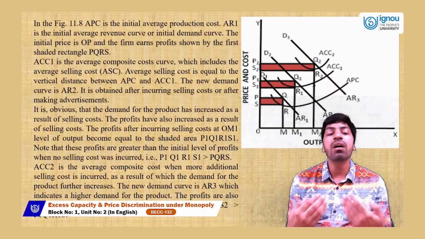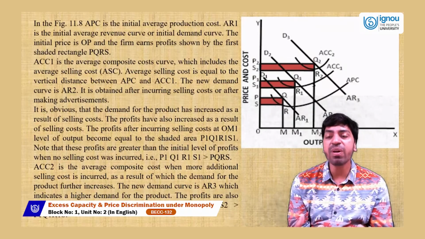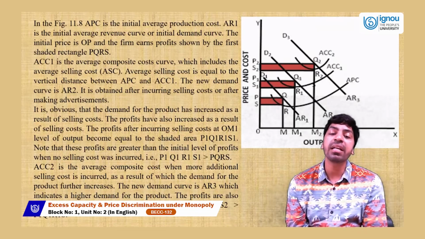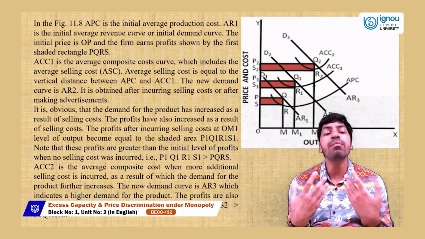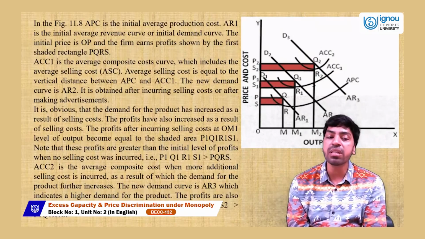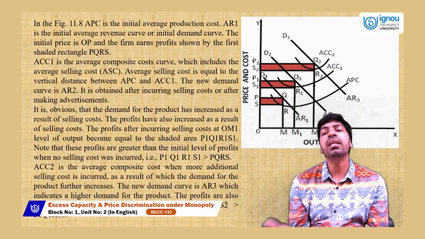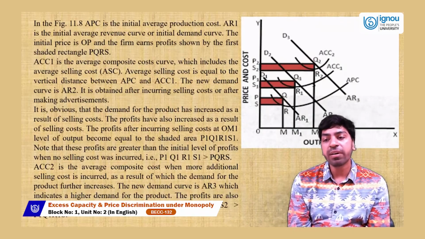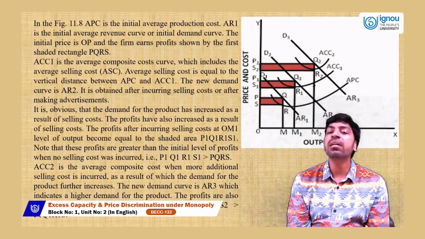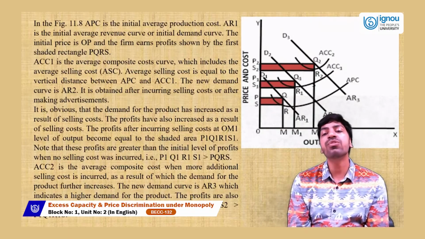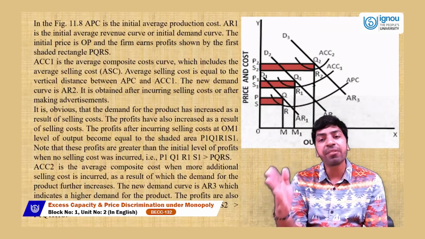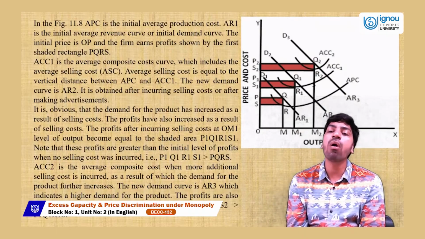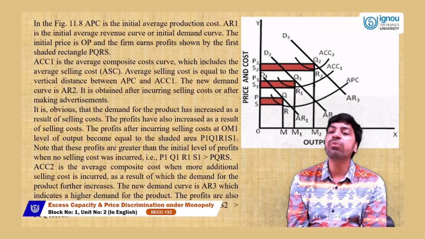So when the firm invests more in expenditure, and any additional selling cost is involved, the demand curve, that is D3 or AR3, will automatically shift rightward, a parallel shift from D2 to D3 or AR2 to AR3.